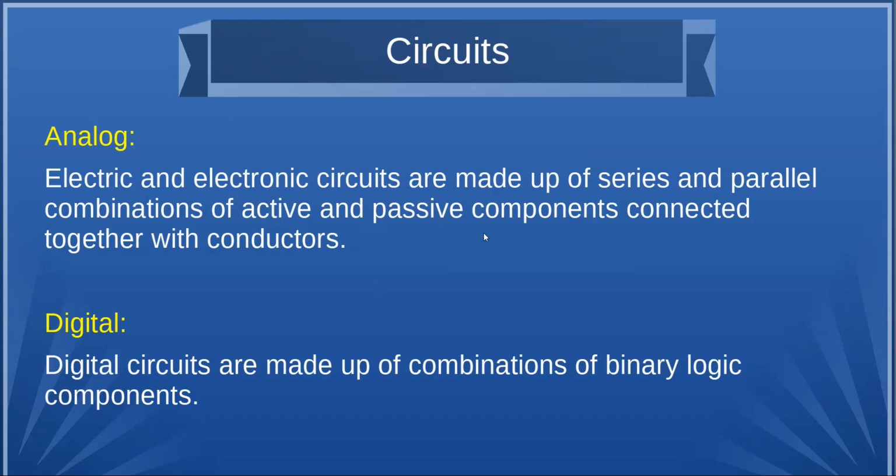Your passive components are resistors, capacitors, and inductors. Your active components will be things like tubes, transistors, diodes. I guess you'd even consider things like relays, transformers, although a transformer would be passive.